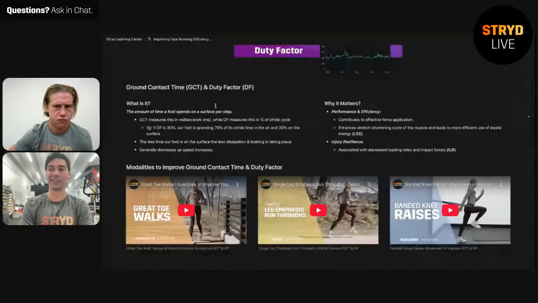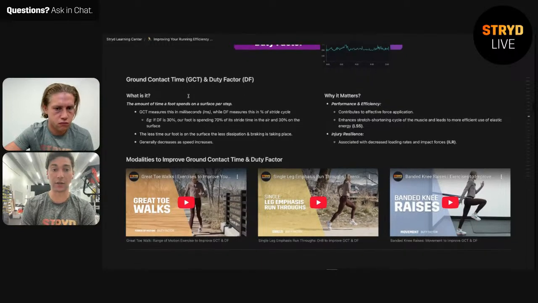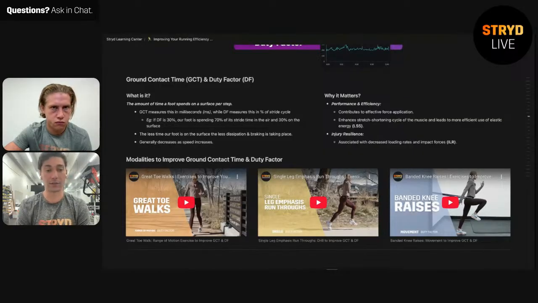It's something we want to work on going forward: linking these two things together better for people so they can easily make that connection. But for example, that shorter stance phase and ground contact time, or duty factor, are really closely linked. So using the drills or the exercises for ground contact time will translate well to improving the stance phase in your footpath as well.